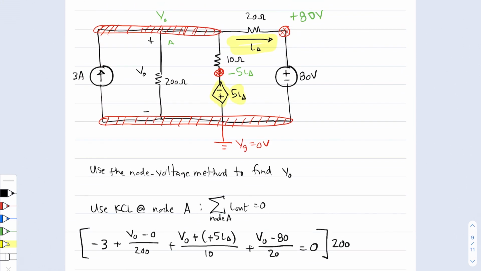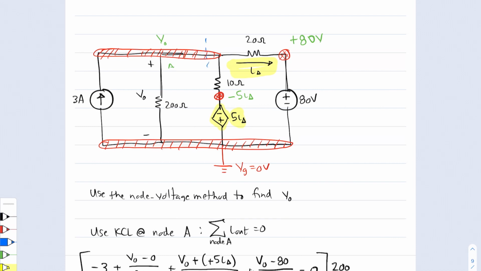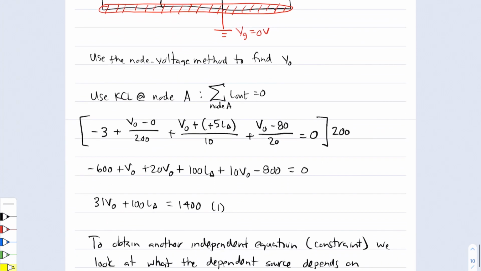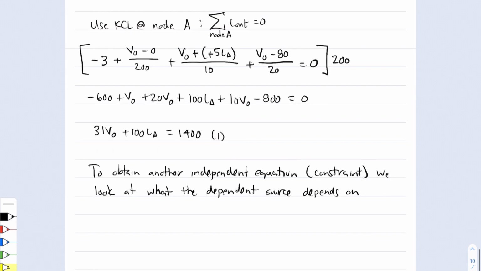So over here, what I'm going to do is I'm literally going to redraw that section that I'm boxing in. So that dependent source depends on I delta. I delta has been defined to be right here, and we're going to get another independent equation from there.